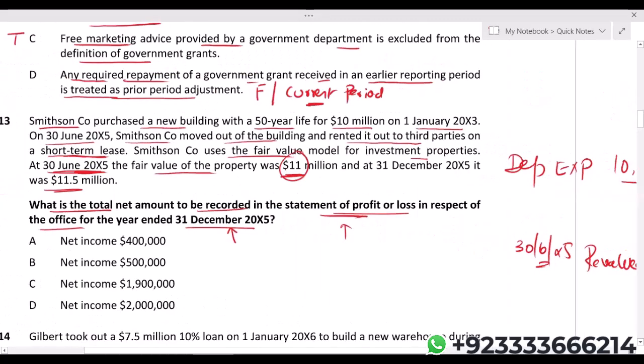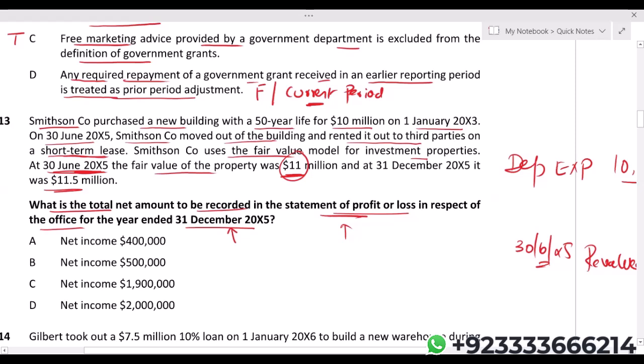Now, after reaching 11 million, from here onwards, whatever the change in value, that impact goes to P&L and no more depreciation. Once you have transferred the property from IAS 16 to IAS 40 fair value model, no depreciation.